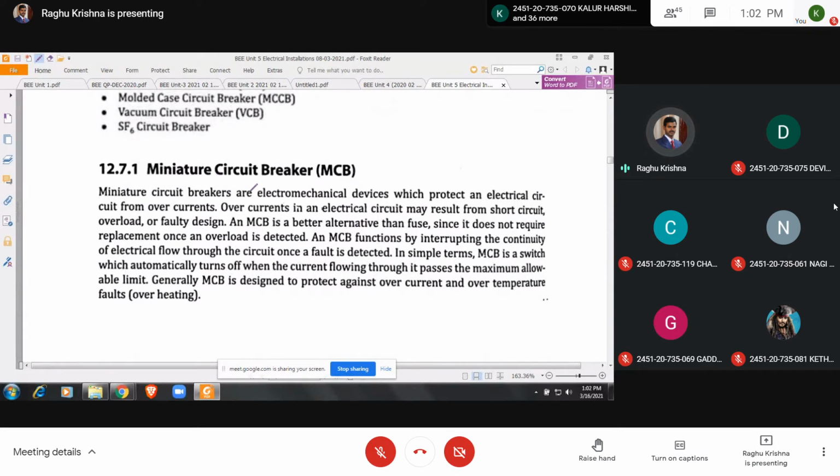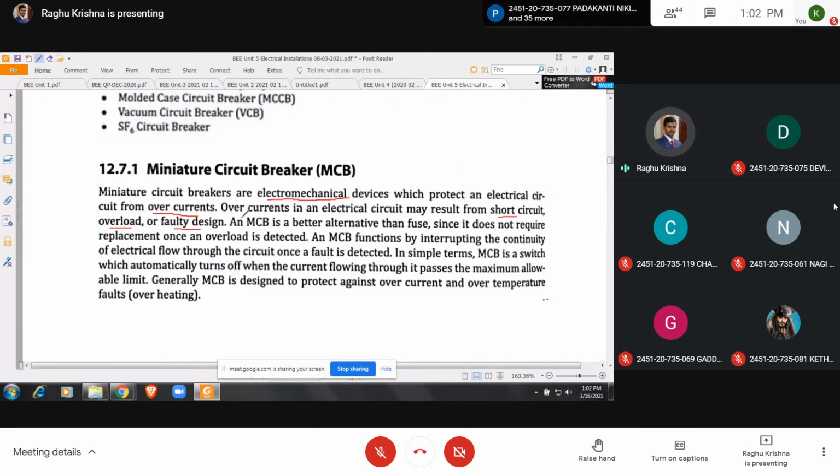So miniature circuit breakers are electromechanical devices which protect an electrical circuit from overcurrents. So overcurrents in an electrical circuit may result from short circuit, overload, or faulty design.